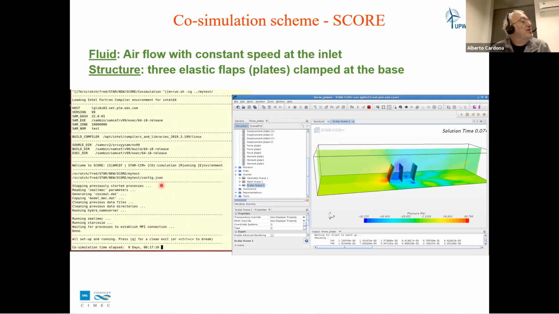This is a view of the output of Star-CCM. Star-CCM is already able to model some elastic parts, so we were able to simulate this system both by using Star-CCM only and also in the Cosimulation scheme, and compare solutions and verify that everything was going okay.